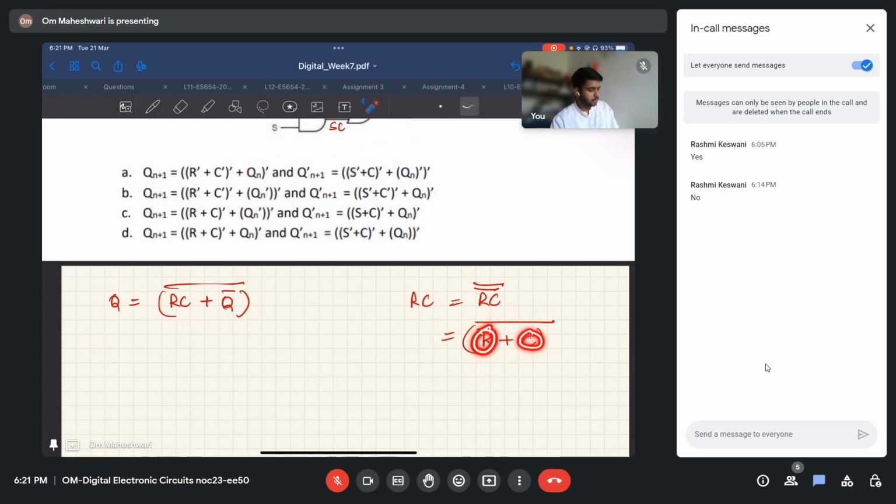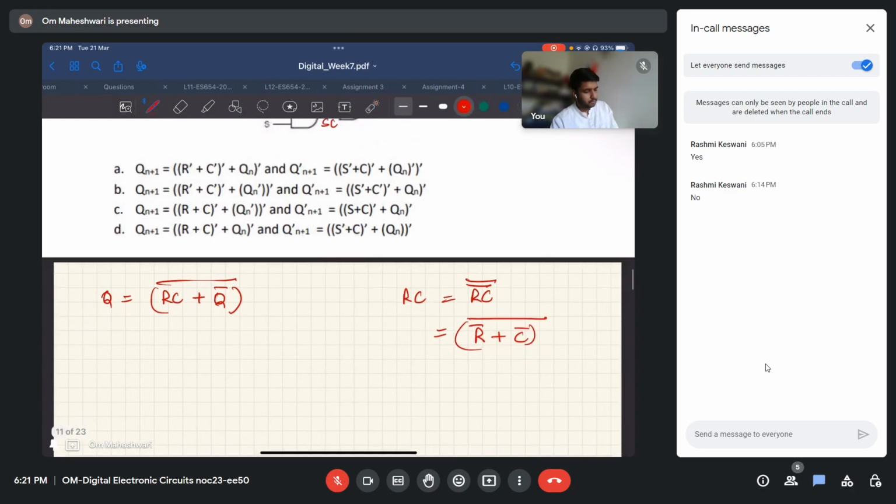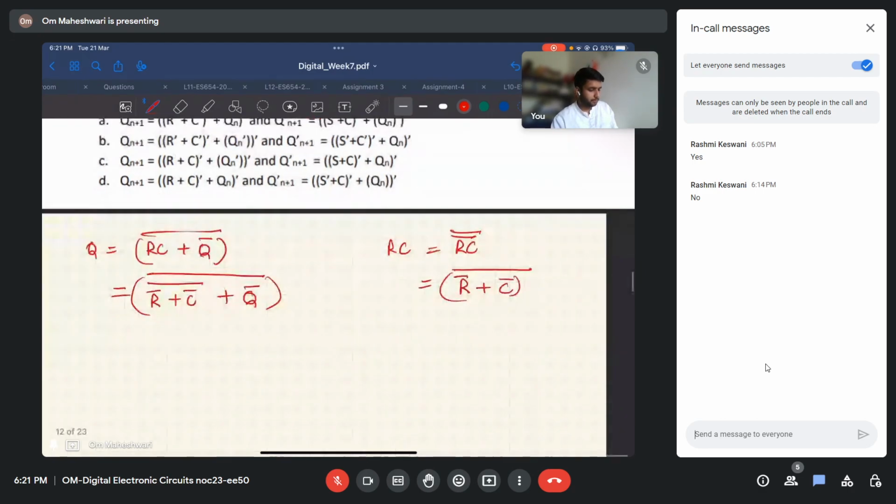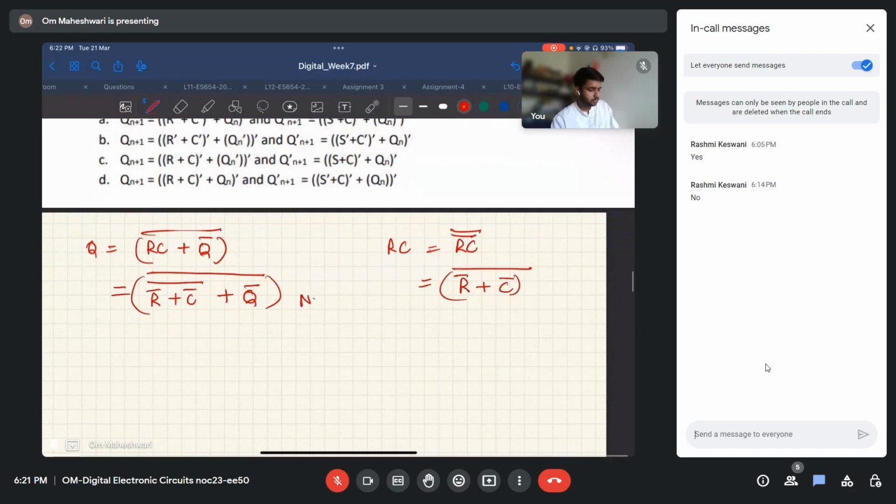Sorry, NOR implementation, my bad. NOR implementation is this, right? So I write it like this: R bar plus C bar whole bar plus Q bar and again whole bar. Sorry, I'm saying NAND again and again. It's a NOR implementation. Right.